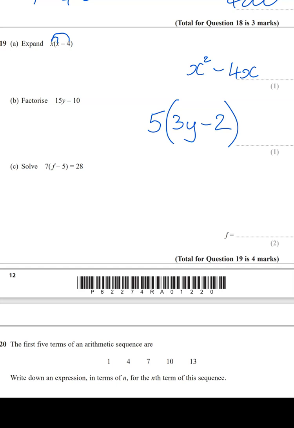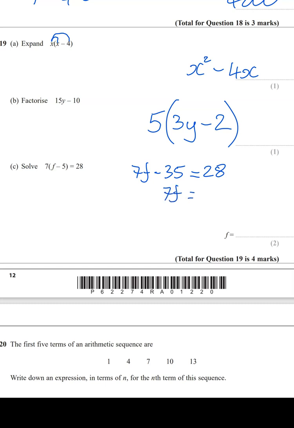Right, so we need to solve this. So to solve it, I would start by expanding the bracket. So I've multiplied, just like we did here, multiplied everything in the bracket by the number at the front. Okay, now that's probably 1 mark. I'm now going to add my 35. Remember, you do your opposites.